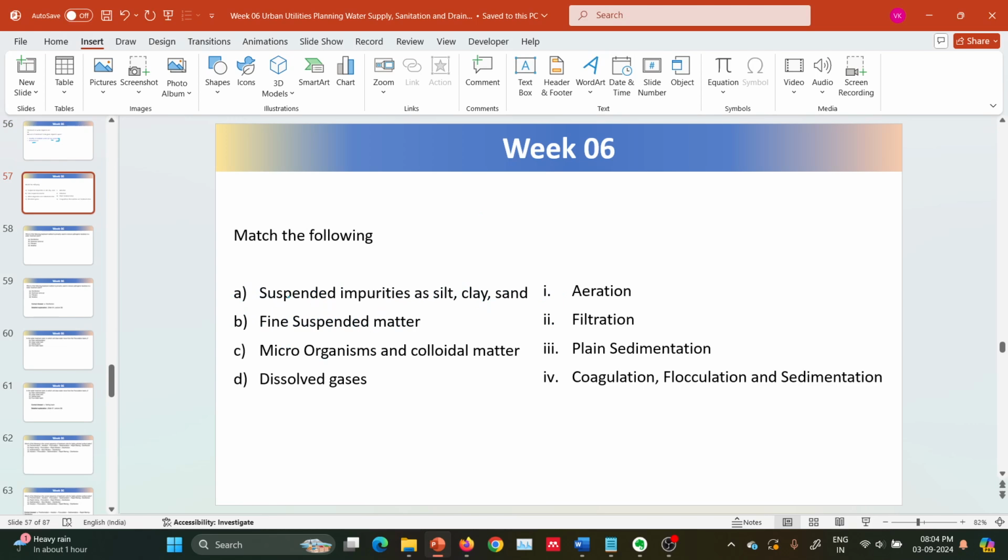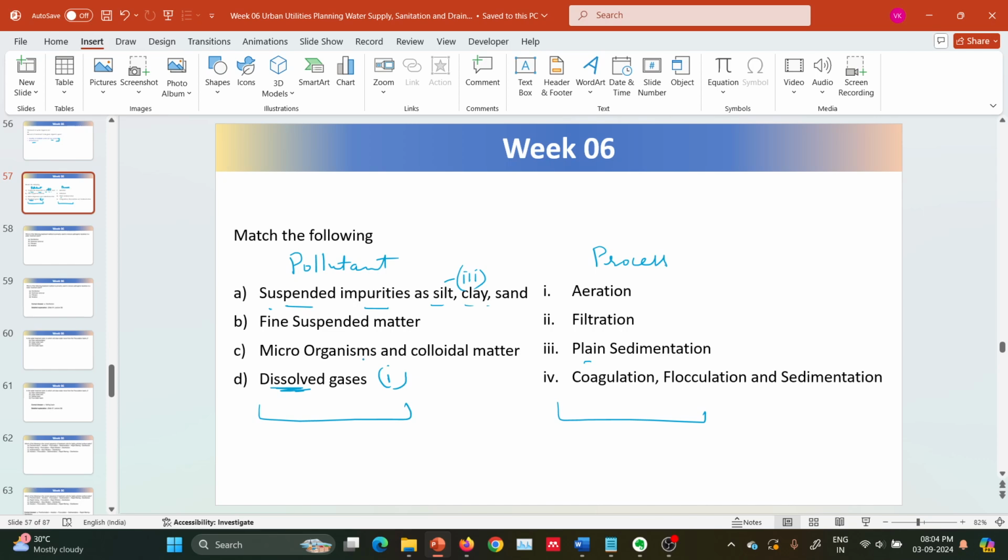Match the following. Here we have pollutants and we have the processes. Dissolved gases can be removed with the help of aeration. Microorganisms and colloidal matter, okay, let's see this first. Suspended impurities are silt, clay, sand that can be removed with the help of plain sedimentation. Is third.